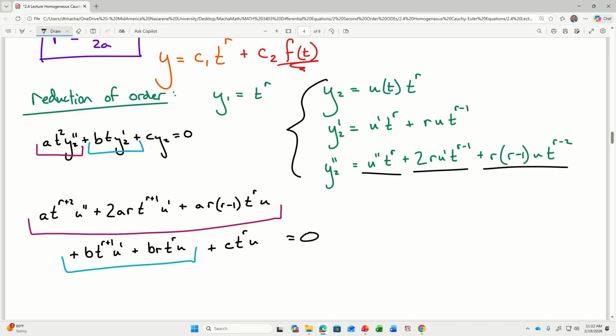And the way forward is to collect the derivatives of u. So we're going to make one term that has just u as a factor.